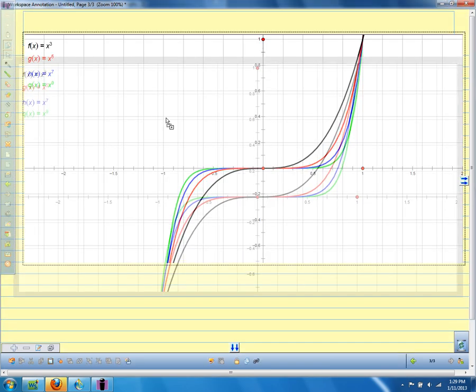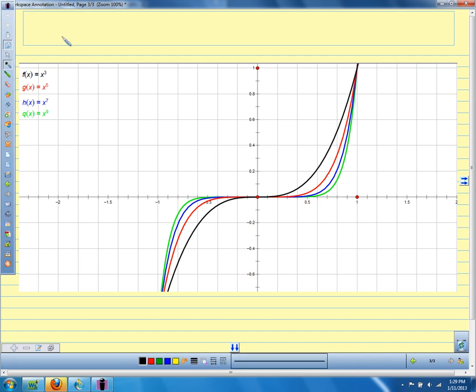So for these power functions, n is odd. Again, they get a little more flat as the odd powers get higher. This is x to the third. In red is x to the fifth. In blue is x to the seventh. And in green is x to the ninth. So they flatten out as n gets higher. And notice with the odd functions, on one side it goes up, and on the other side it goes down. Or for the even functions, it went up on both sides.